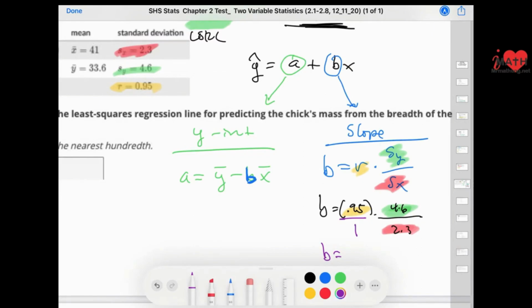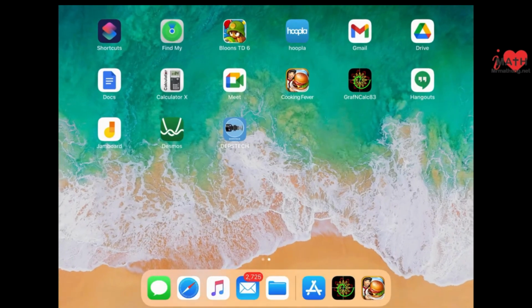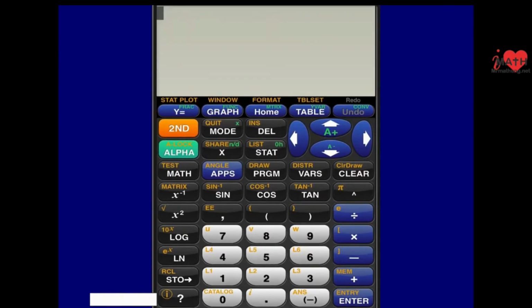Let me show you, so I'm going to take a picture of my work. I'm at the home screen, so I'm going to press 0.95 times 4.6 divided by 2.3. And we have an answer of 1.9.